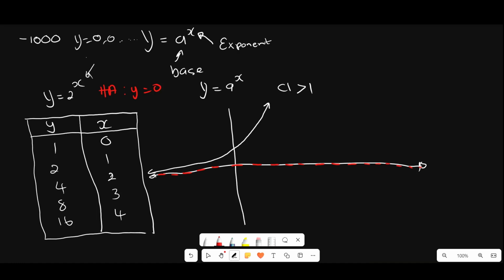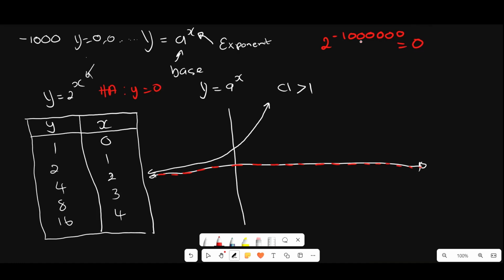Our function approaches 0, but it cannot be 0. Rather, it does not reach that value. If you plug in 2 to the negative 1000 on your calculator, you will get a value of 0. If you plug in negative 1 million, you will get a 0.